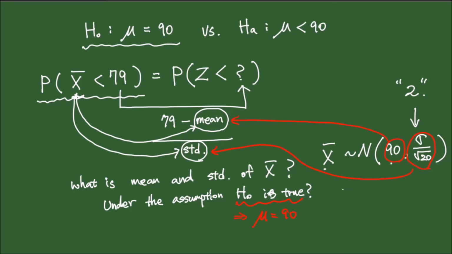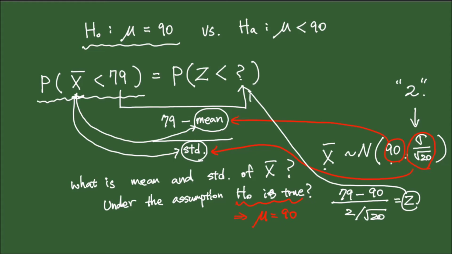So this is 79 minus the mean, which is 90, and then 2 over square root of 20. Let's call this small z. We need to plug this in here.